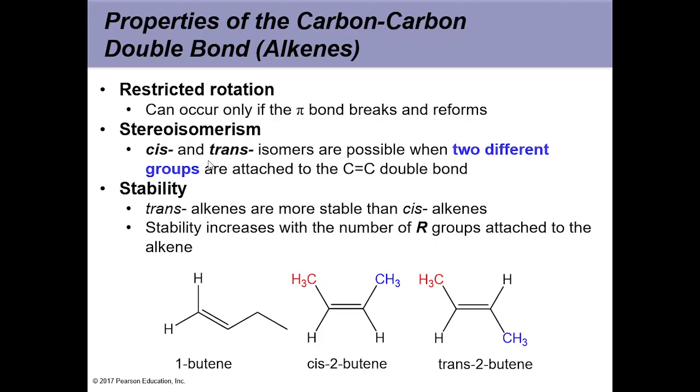They can also be neither. For example, this is a double bond with two hydrogen groups and another substituent. Whether the substituent is on this side of the double bond or the other side makes no difference, because these two hydrogens are the same. You can simply flip this molecule 180 degrees and get the exact same compound.